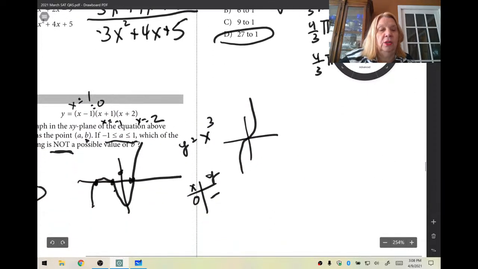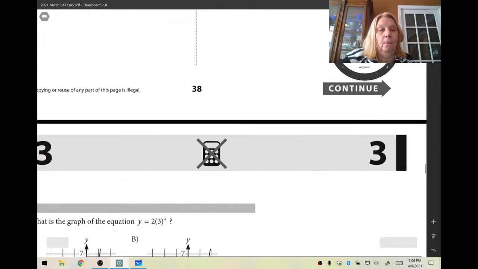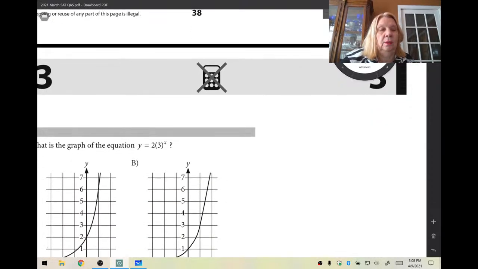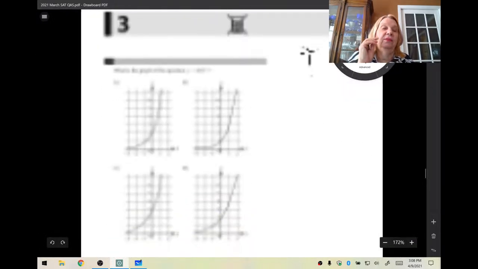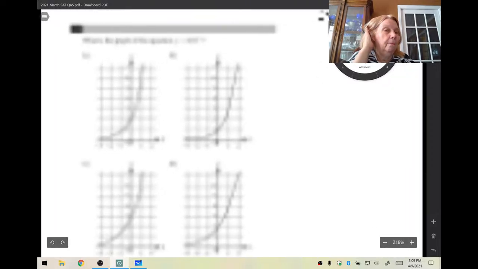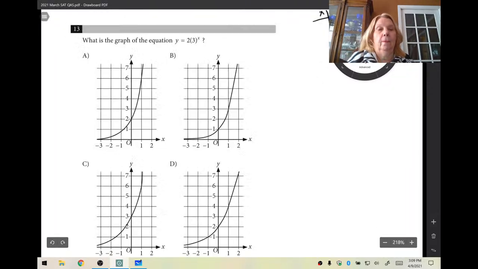Okay, let's go on to this one, 13. Well, we know we can try some intercepts, so let's zoom it out so you can see all the graphs. Oh, we want to see all the graphs, yeah. See if that works. It might be foggy for a second. Okay, so let's put x is 0, because we know with our intercepts graphs, if x is 0, we get the y-intercept.